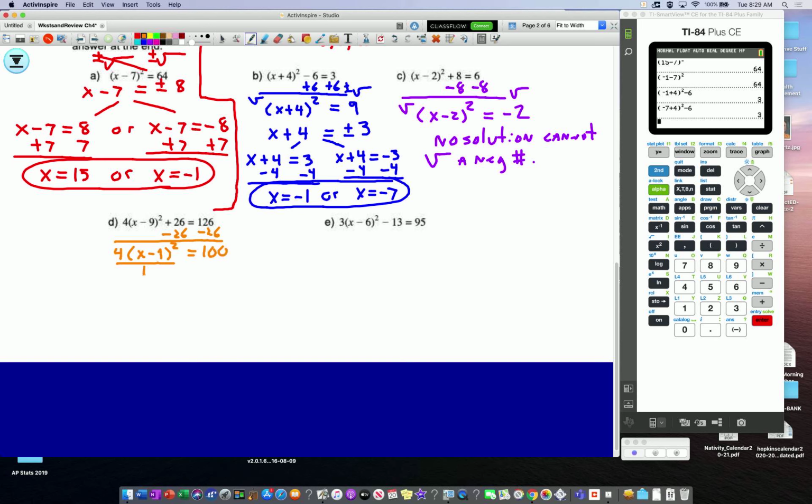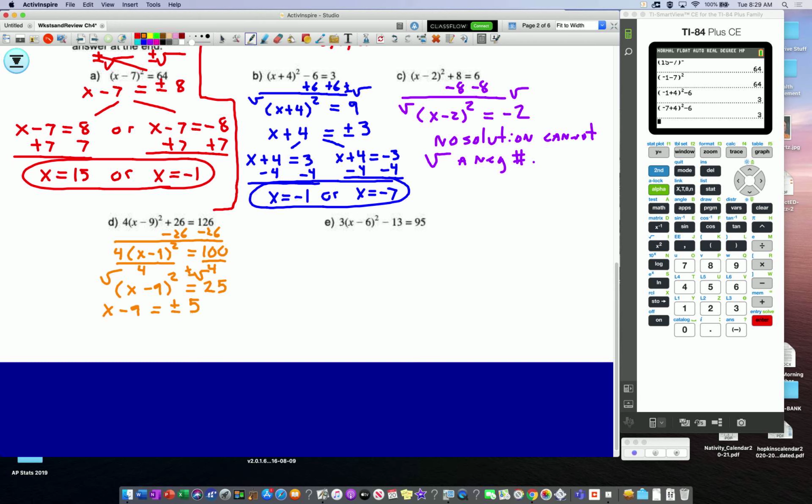Then I got to divide by 4. 4 goes into 100 25 times. Square root both sides, plus minus, so I get x minus 9 equals plus or minus 5. Square root of 25 is 5.